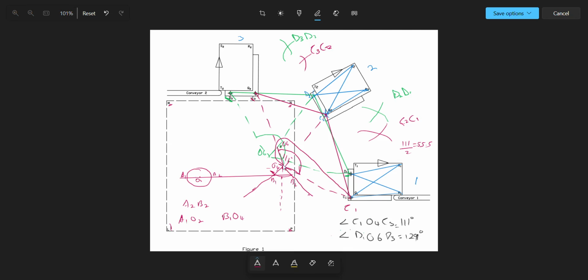So this is the link O4 to C1, and then this is going to be another link for O4 to C2. Oh, sorry. So O4 to C2 is also going to be something like this, and then O4 to C3 is also going to be something like this.